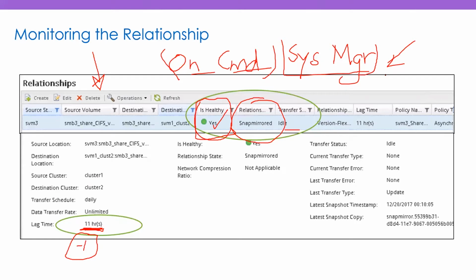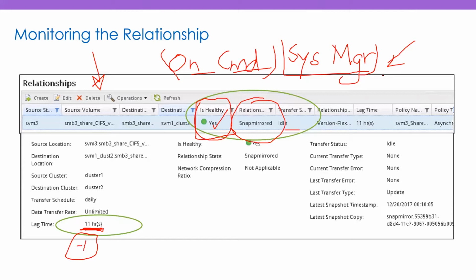Load sharing mirroring is mainly designed to replicate the root volume. That goes back to the concept that every SVM has a root volume, which is technically a virtual root. But if you want, you can replicate the SVM's root volume to the destination, so that in case the whole machine is down and the entire SVM fails, you also have the root volume.